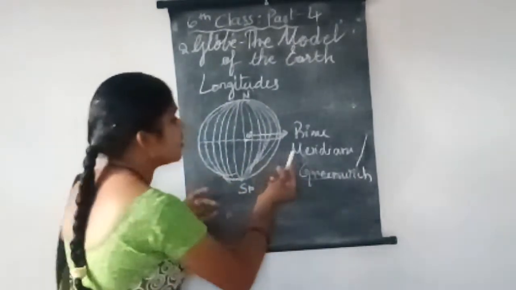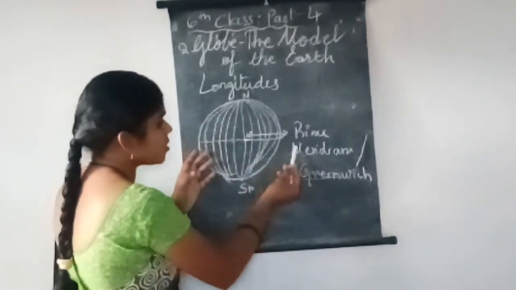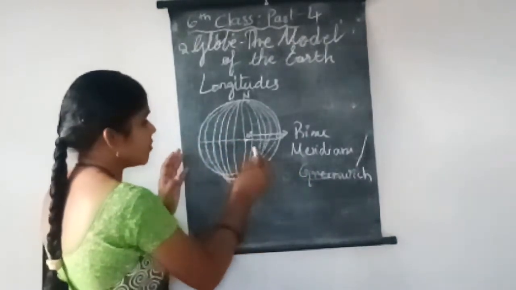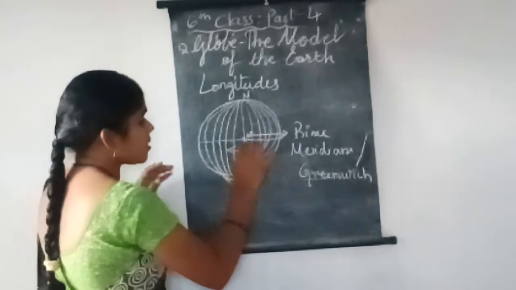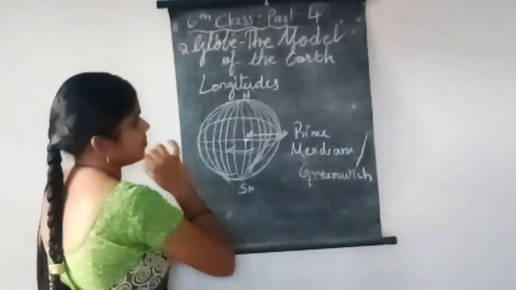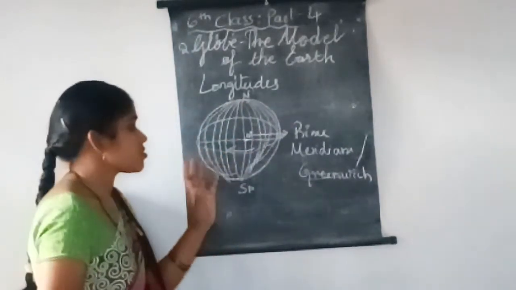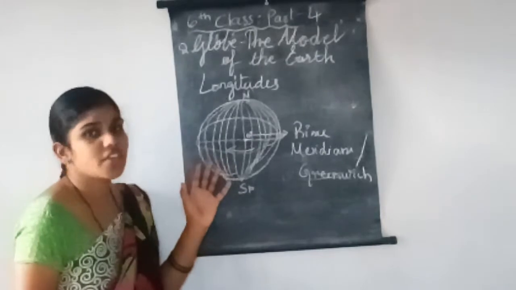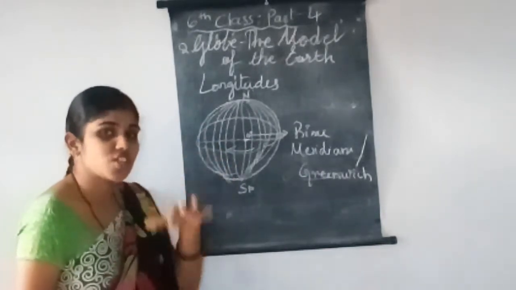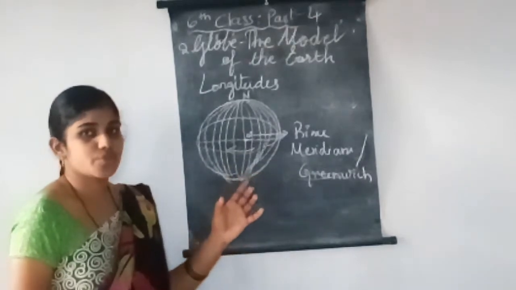After that, from 0 degrees we give the longitudes westwards. The longitudes are passing like this and coming like this. There are no specially named longitudes here, only 0 degrees longitude.